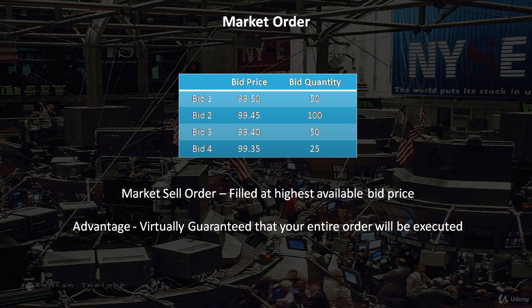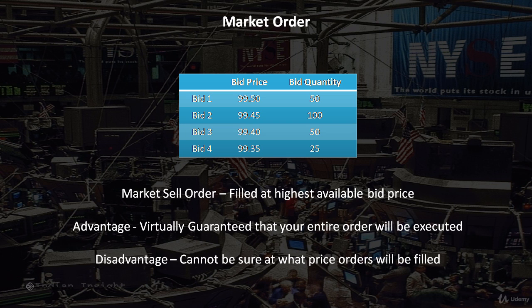The advantage of a market order is that it is virtually guaranteed that your entire order will be executed. The disadvantage is that you cannot be sure at what price your orders will be filled.